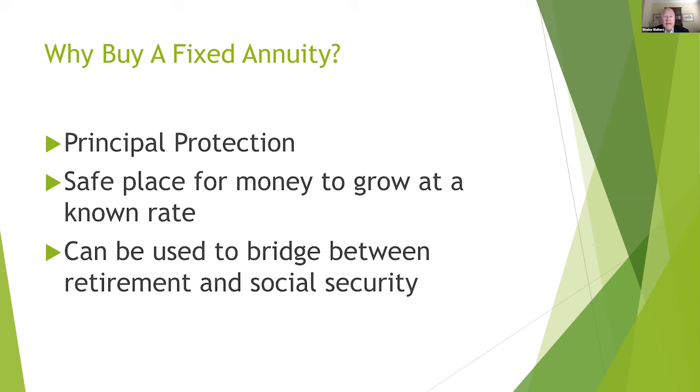They buy a 5-year annuity. They're going to retire at 66, but they don't get their full Social Security until they're 67. So they buy this product because in 5 years, they know exactly what it will be worth. There's no risk that they're going to lose any money. So they have that to carry them over for that 1 year between retirement and beginning Social Security.